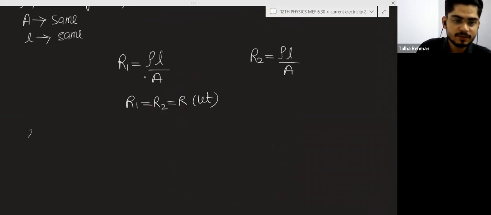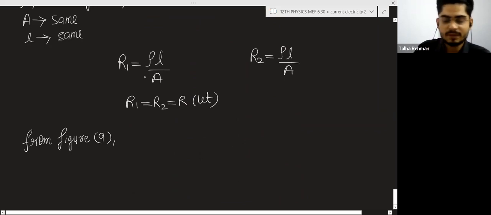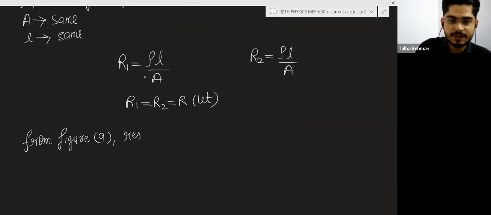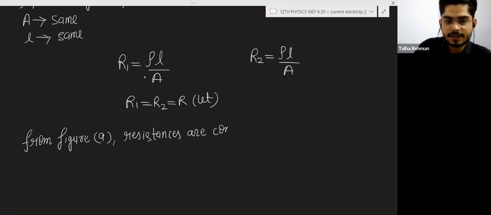So you can write from figure A, we can conclude that resistances, means slabs, are connected in series.